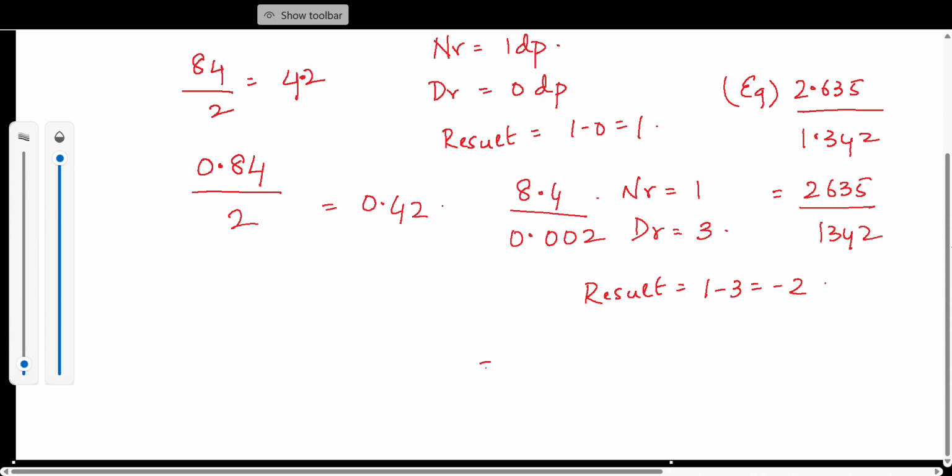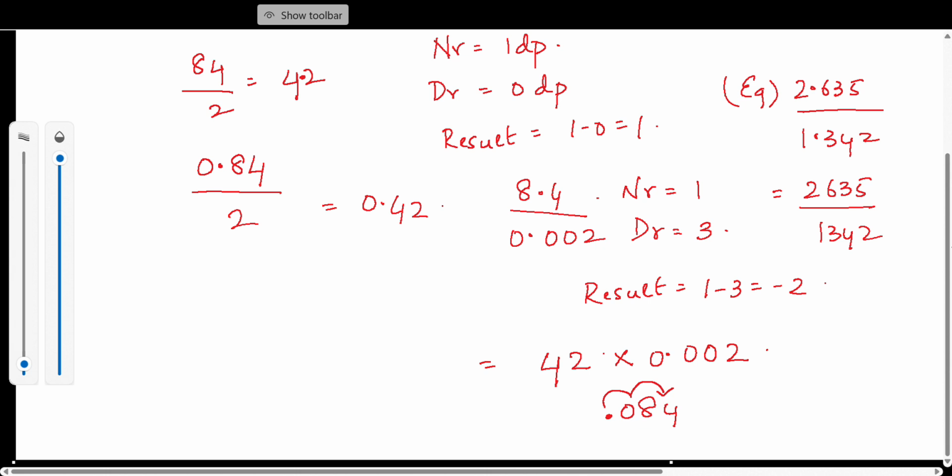So 84 by 2 is again 42. Now 42 into 0.002 should give us 84, with 3 decimal places here. So it should have given us 0.084. But instead we need 8.4, which means the decimal point should move 2 places to the right.